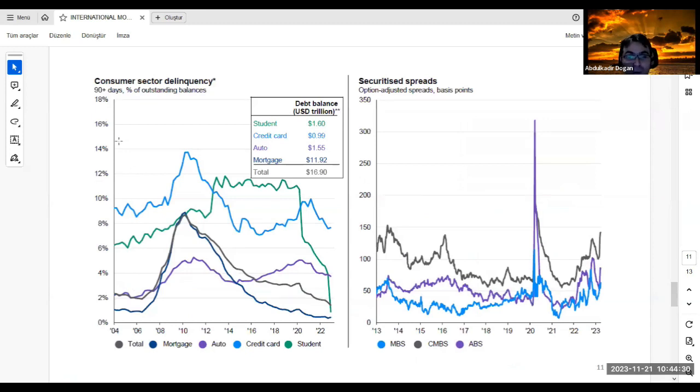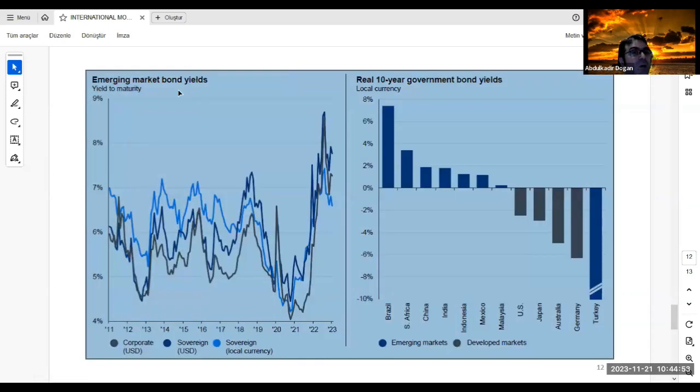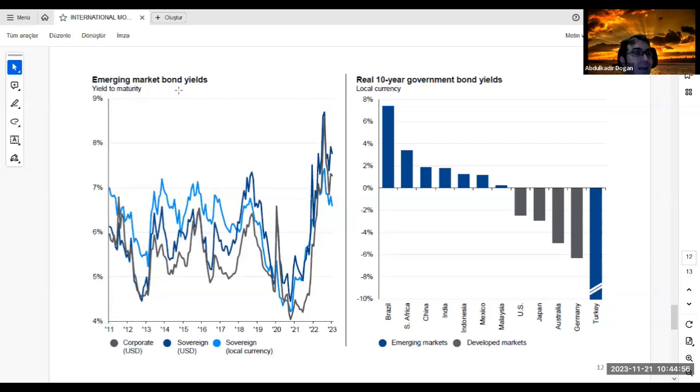I will cover this as well in the next topic, collateral issues and the international money market, next week. But I want to show you the emerging market bond yields, yield to maturity. This one shows the yield to maturity. What does this mean? How much yield I will get until the maturity. Let's say Dr. Walchin takes a position in a 10-year treasury bond, and after 4 years, how much return will he get?